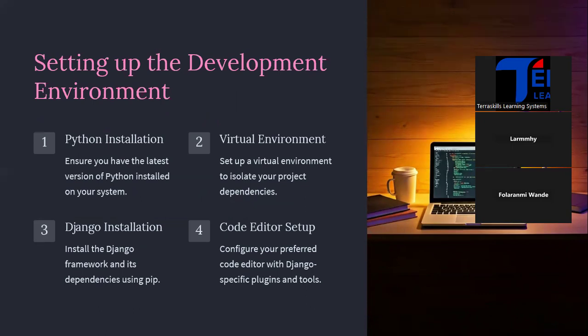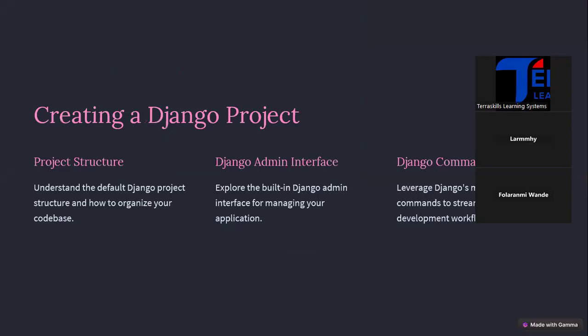The first thing we are already familiar with all of this. The first is the Python installation, Django installation, virtual environment, then code editor. The next thing is creating a Django project, which all of us already know how to do. Then Django admin interface, of course, we already know how to do that.